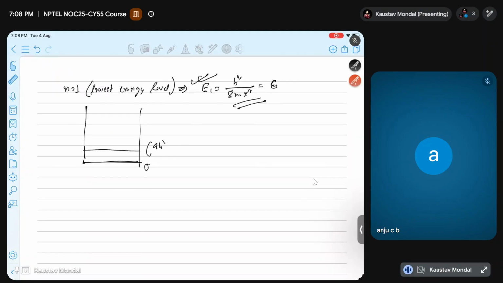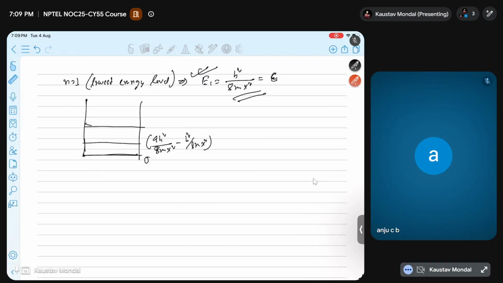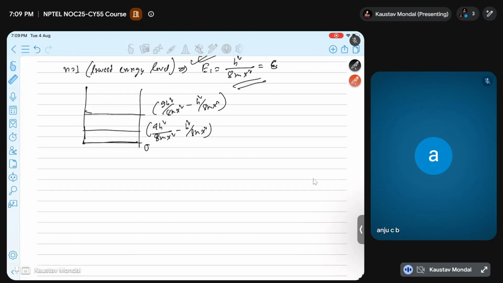So it has 4h square by 8mx square minus h square by 8mx square. Similarly, the third would be 9h square by 8mx square minus h square by 8mx square, right? So in this way, you subtract each of the energy levels with the ground state level.